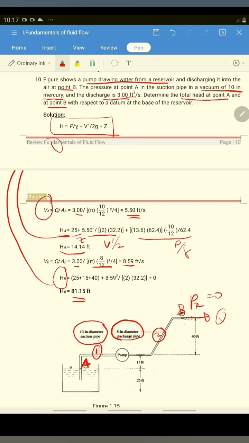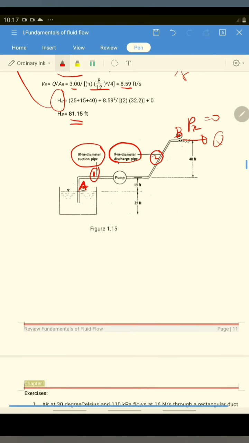So you can get now the head at B, which is 81.15 feet.